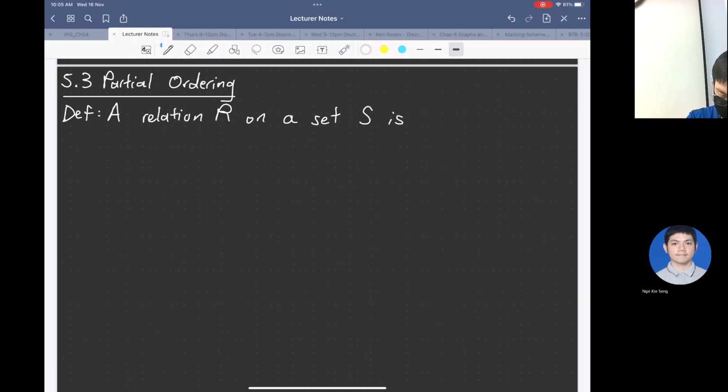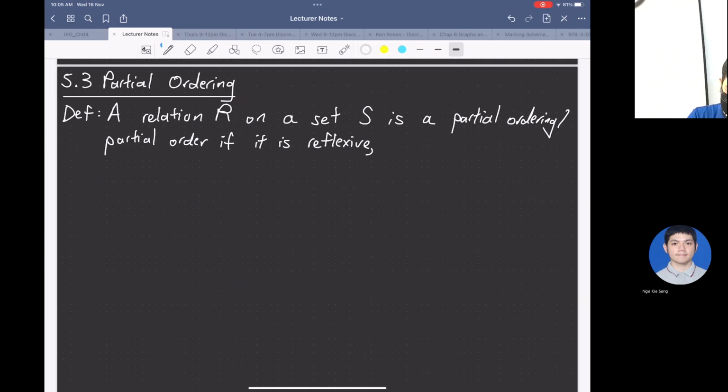We call a relation a partial ordering or partial order if it is reflexive, anti-symmetric, and transitive.